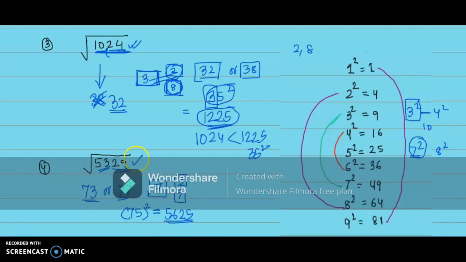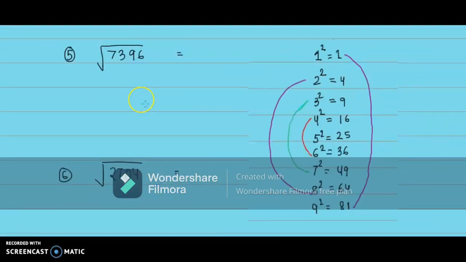Now the given number in the question is less than 5625, so we will go for a smaller number, that is 73. So the correct answer for this question is 73. Square root of 5329 is 73.